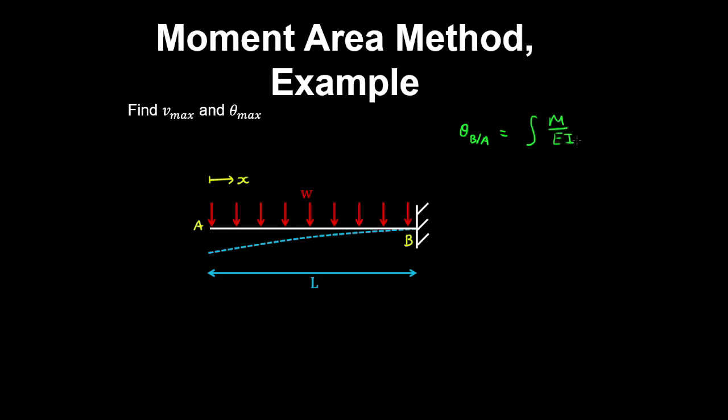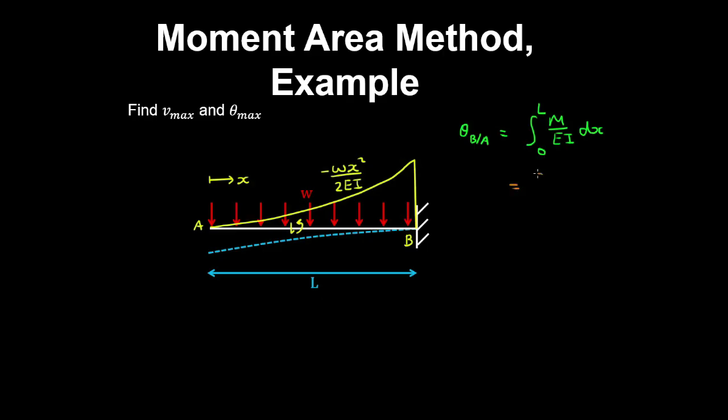So the integral of the curvature with respect to x from x equals 0 to L in this case. So if we draw the bending moment diagram, it'll be parabolic and look something like this. And we know that by cutting the beam, you get an equation for the bending moment as minus wx squared on 2. And dividing this by EI gives the curvature.